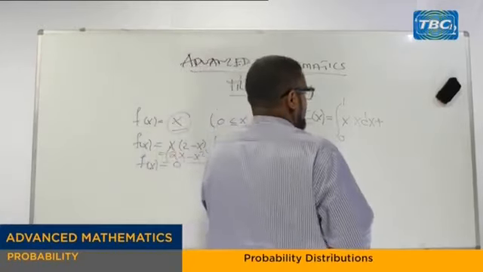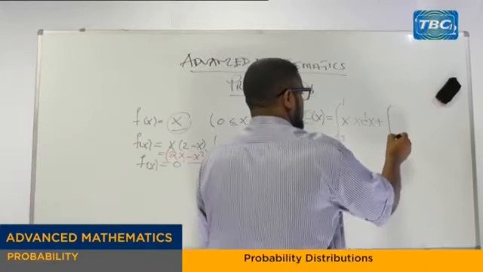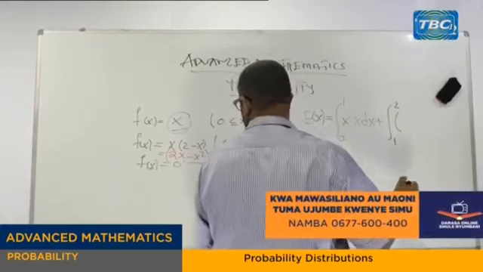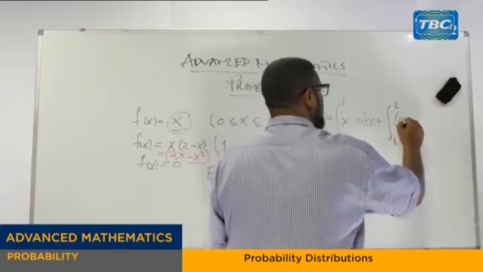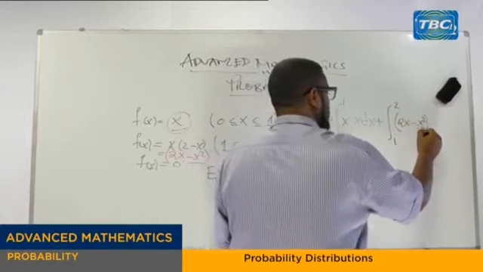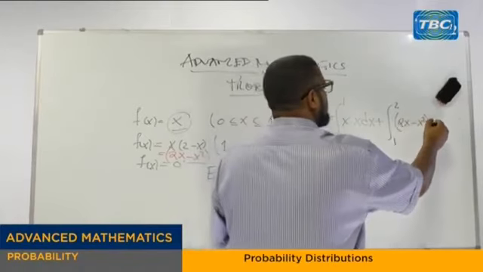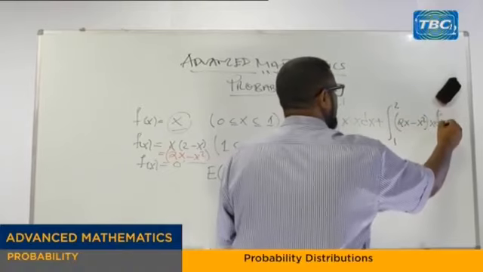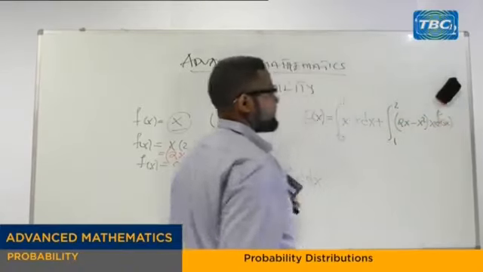Now we plus the integral from 1 to 2 of our function 2x minus x squared. But this is the function. We multiply by x that is found in the formula, then dx.